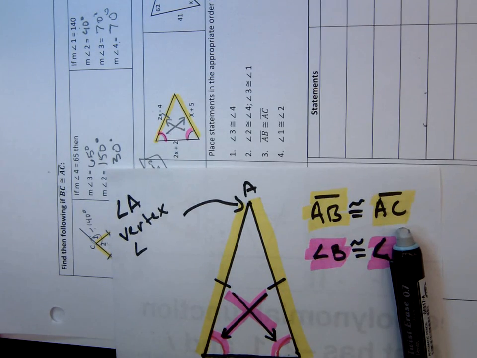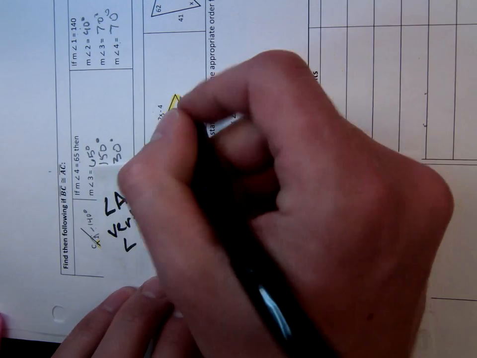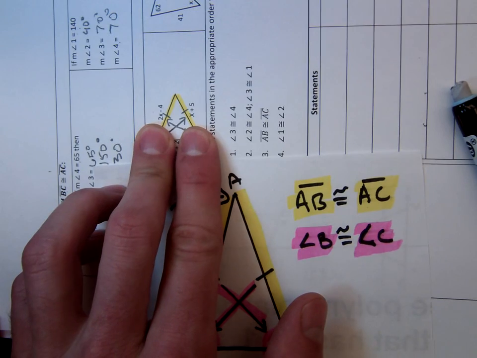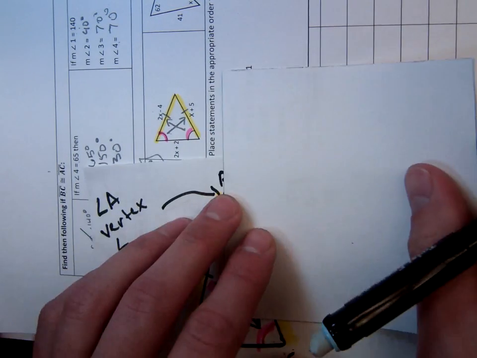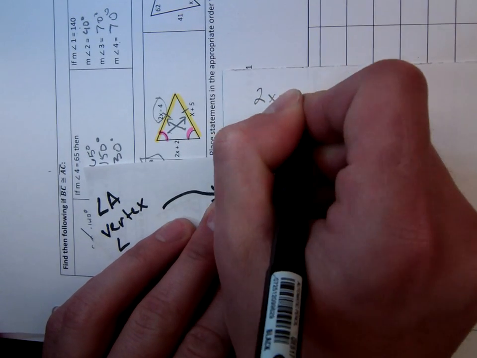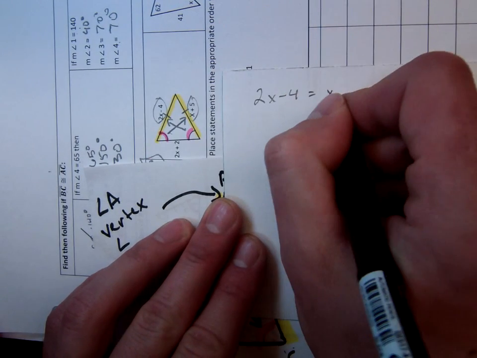Well, now that I know that those are congruent, I know that congruent sides will have equal measures. So I know that 2x minus 4 must be equal to my other congruent side, x plus 5.